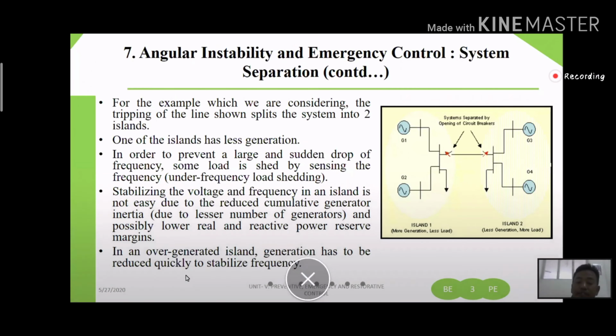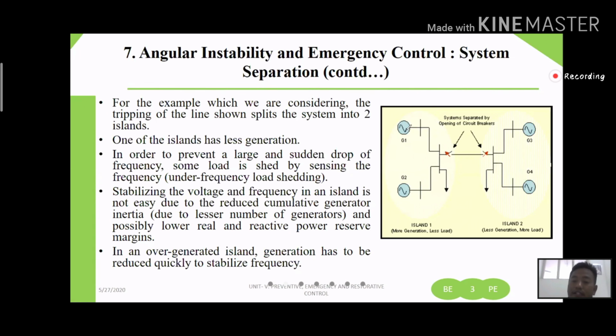Okay, so in an over generated island, generation has to be reduced quickly to stabilize the frequency. See here, in this island one there is over generation, right? But this generator has to be reduced quickly to stabilize the frequency, because load required is less, generation is more.